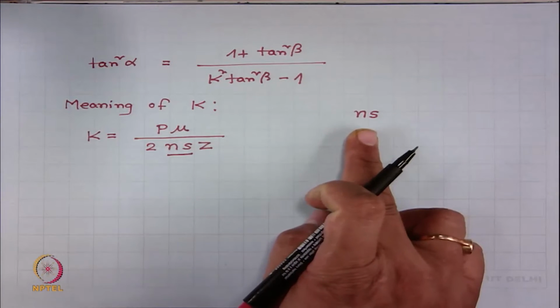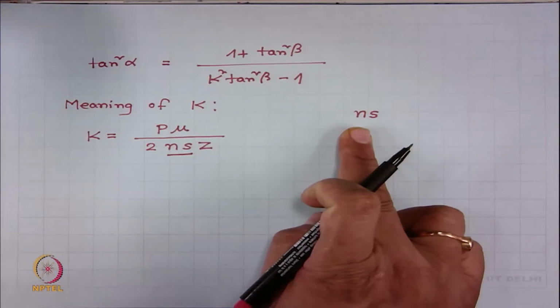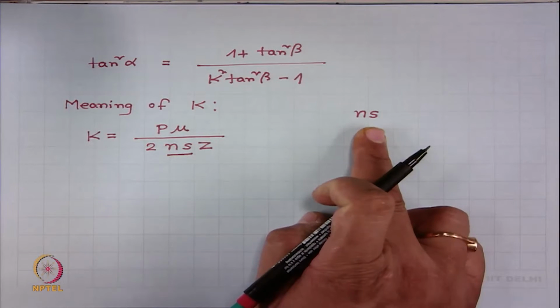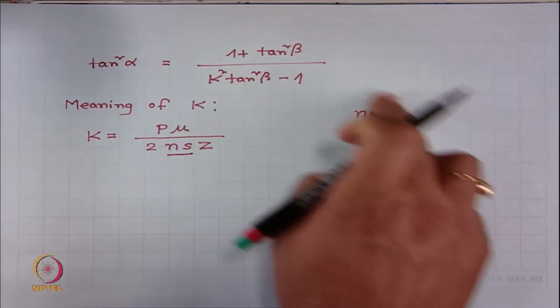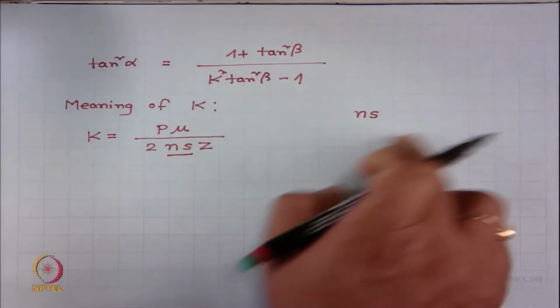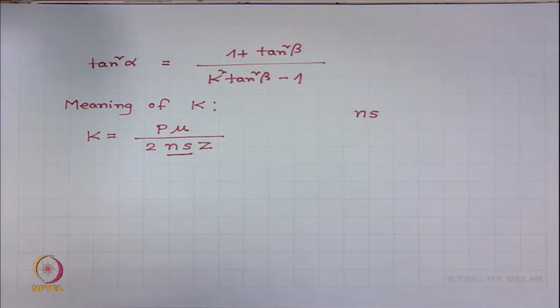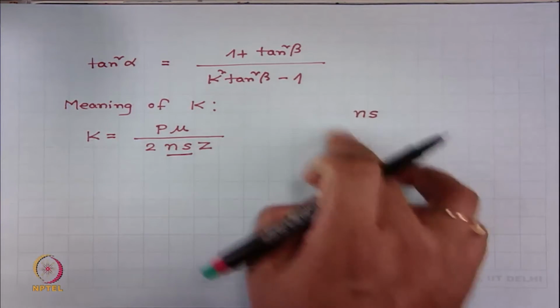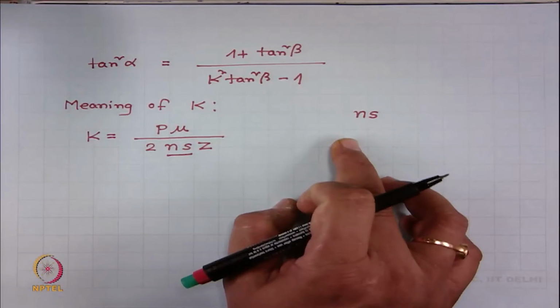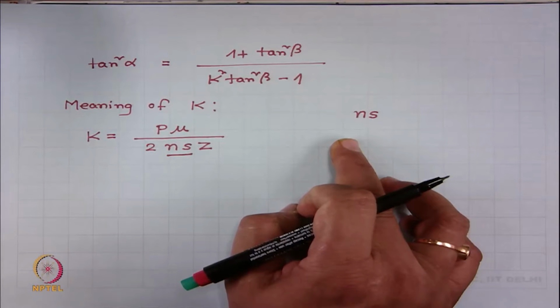Number of fibers in yarn cross section multiplied by cross sectional area of a fiber. So, this is the cross sectional area of all fibers when they are parallel. That means, this is basically the substance cross sectional area of a parallel fiber bundle.